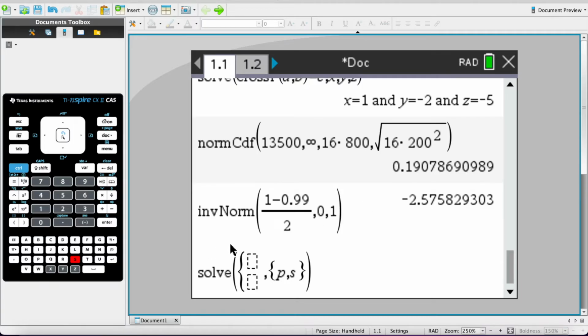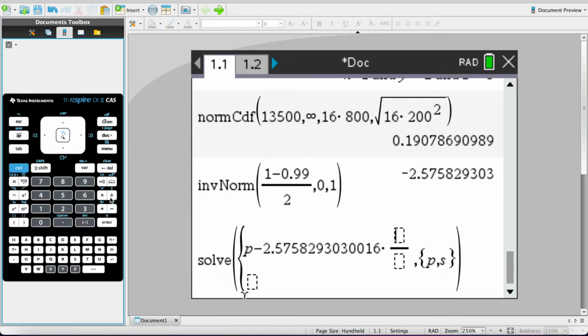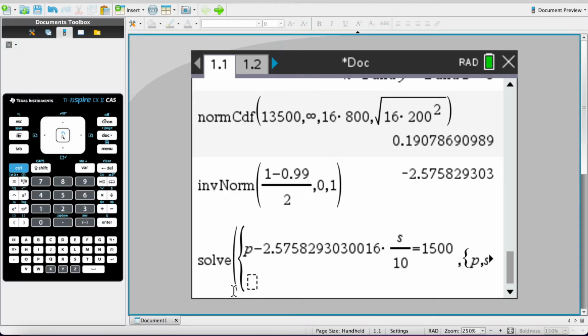Now, the first equation is going to be your x bar minus this value times the standard deviation over the square root of n, or the square root of 100. That's equal to 10,500. And your x bar, I'll just copy and paste this exact thing.